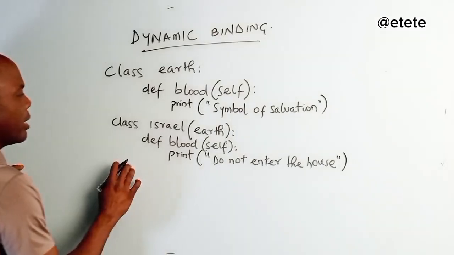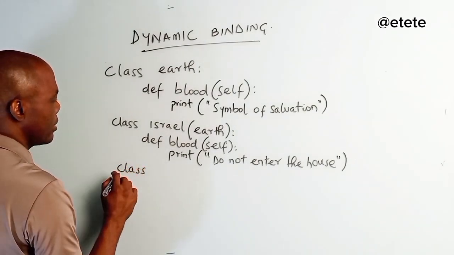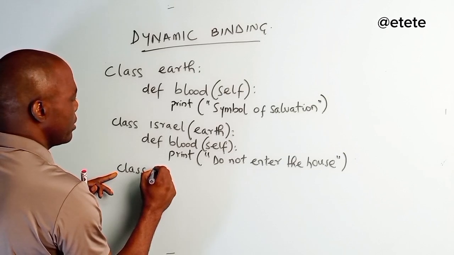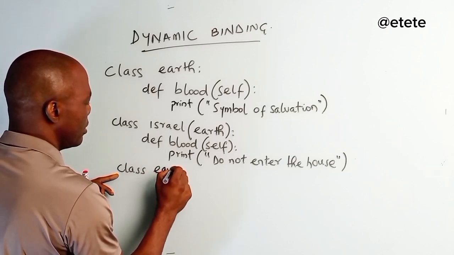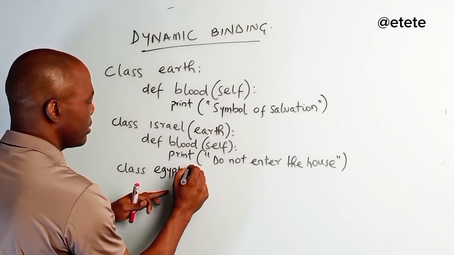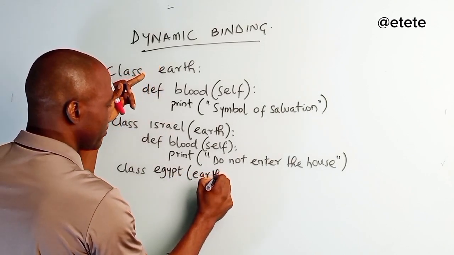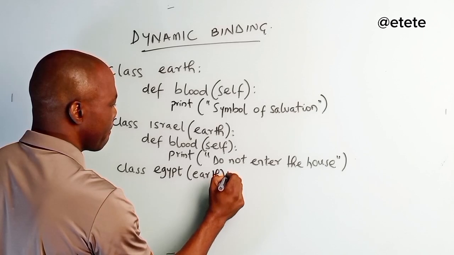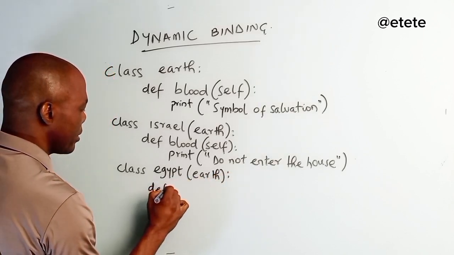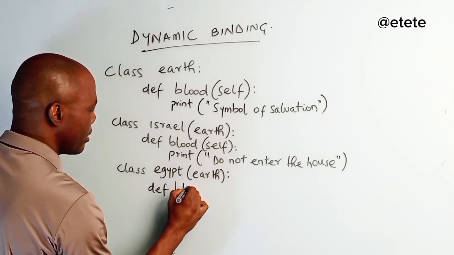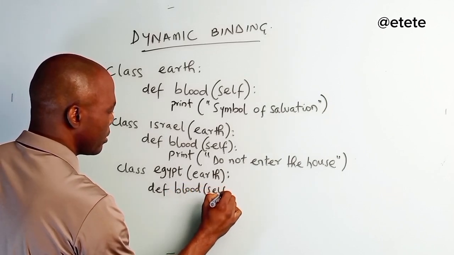right? And then we create another class, and we'll call it Egypt, and it's also a child class of Earth. And then we define the method blood again, with self.